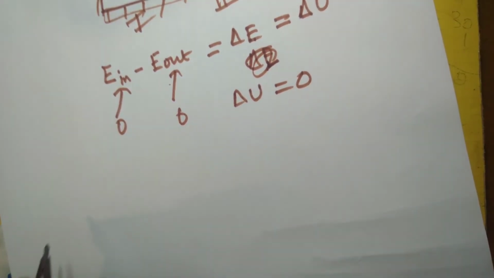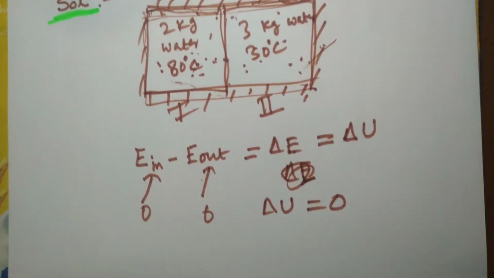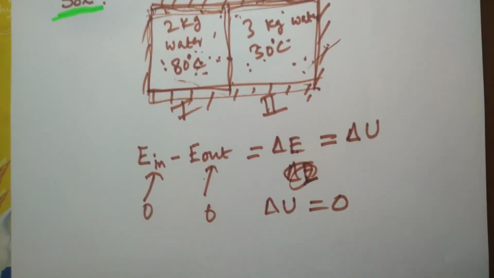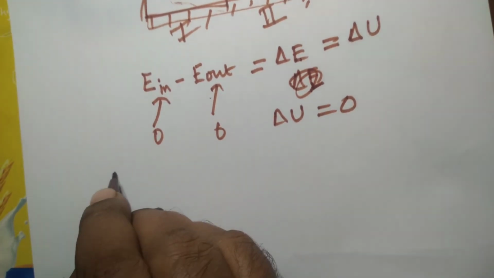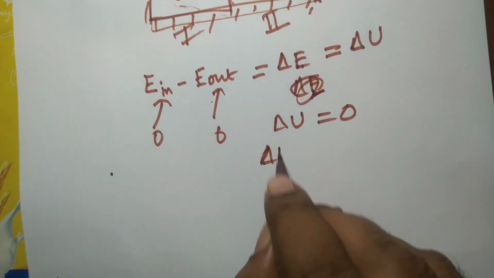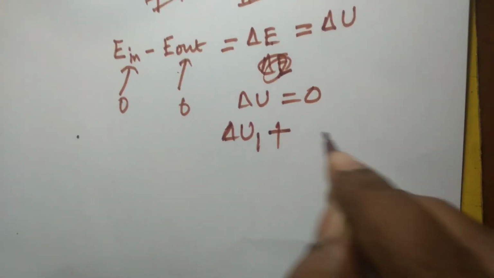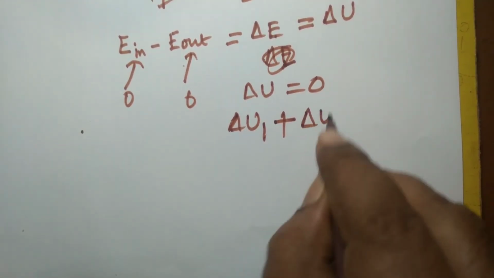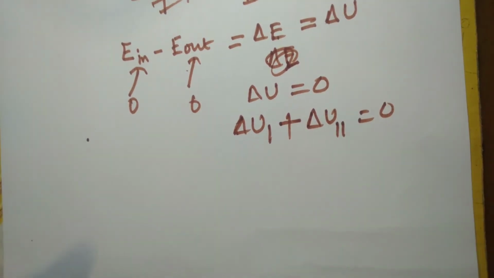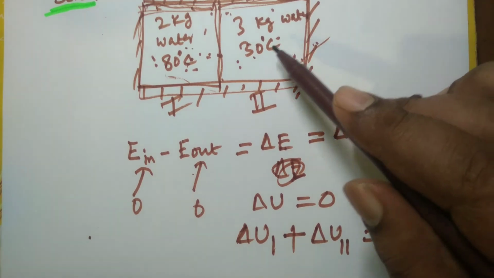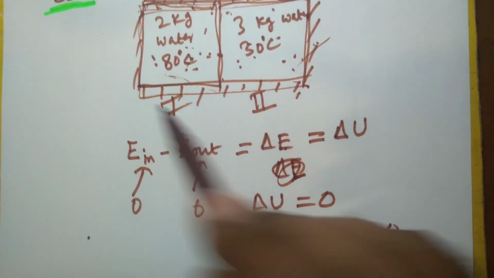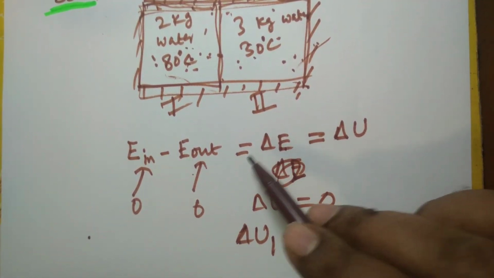And you know, U is equal to m c T. So delta U means delta U1 for the first subsystem plus delta U2 of the second subsystem is equal to 0, since we are doing the analysis by taking this whole composite system as our system.